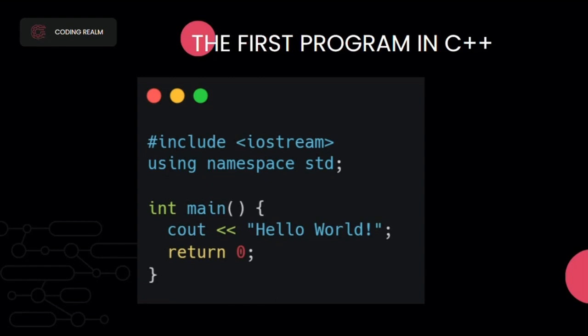And finally, cout is the output operator that prints hello world on the screen. And return 0 means the end of the main function. The main function starts here and finishes when I put the return 0.